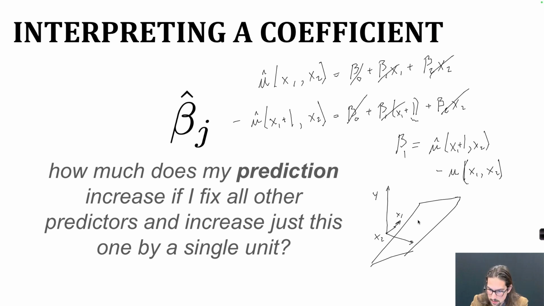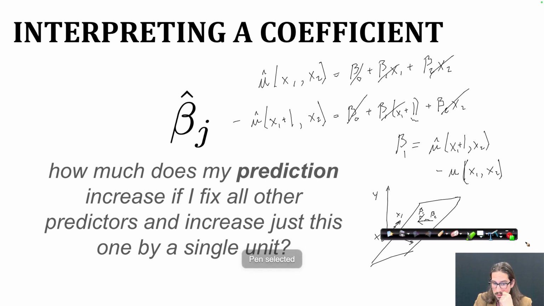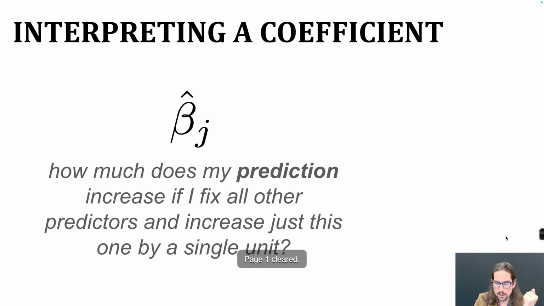However much this is increasing in the x1 direction, that slope is beta 1, and however much this is increasing in the x2 direction, that's beta 2. So these slopes are indicative of how much this prediction surface is changing as we move in each direction. So this is all true. This is a fact, right? It's just descriptive of this prediction function.